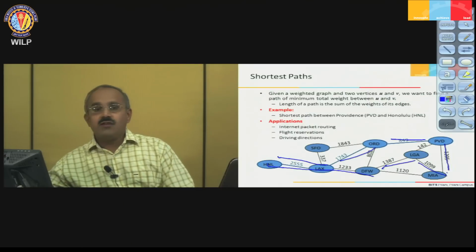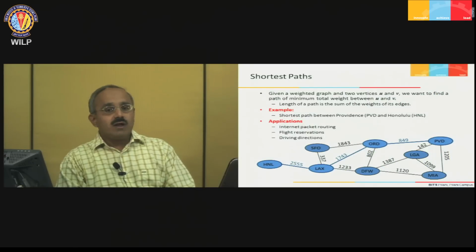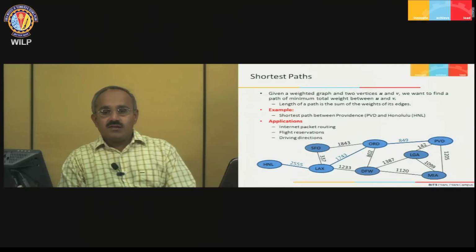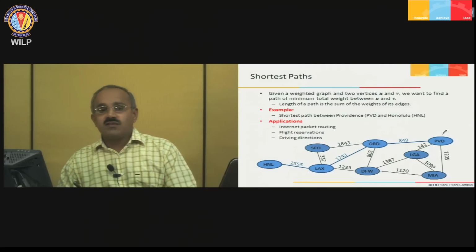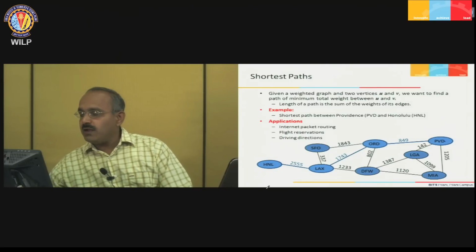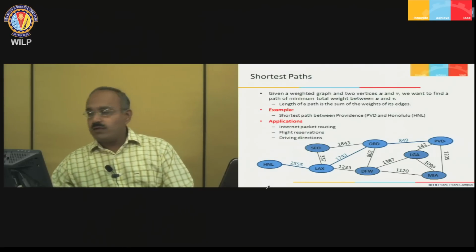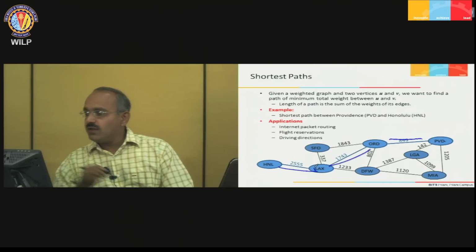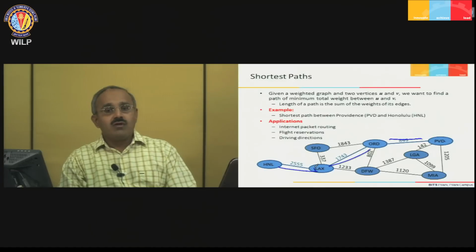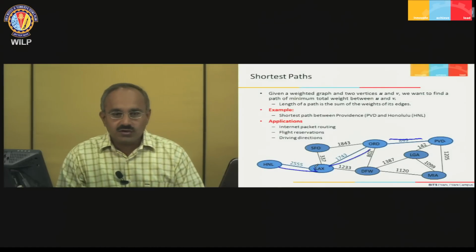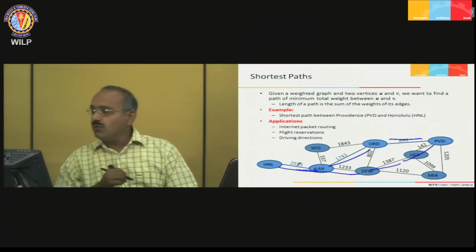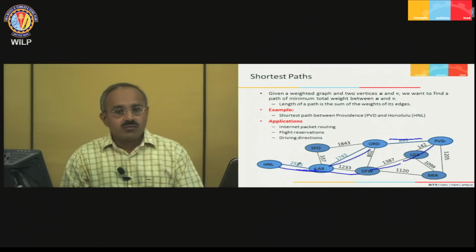One way of looking at this problem is to look at the number of hops between two points. For example, in this illustration, if you look at PVD and HNL, we can look at this path as the one which is taking the least number of hops, or it visits the least number of vertices on its path, whereas any other path is going to visit more vertices on the path.